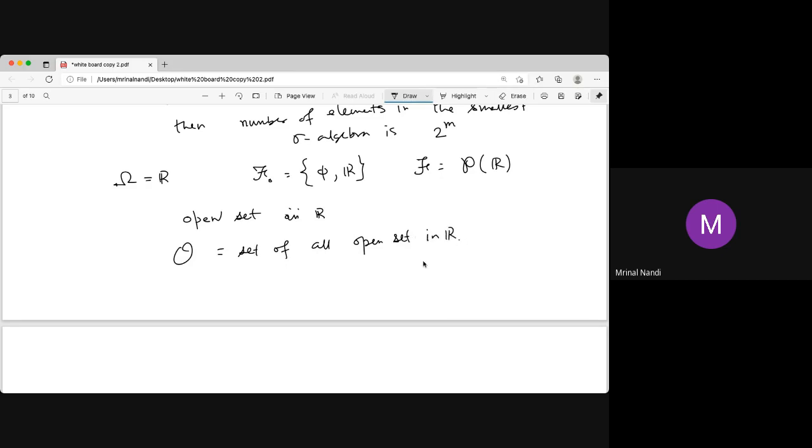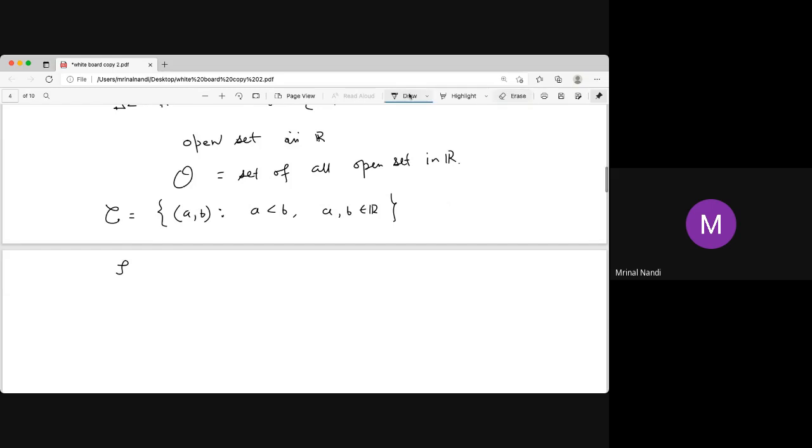But actually, there is no need to take all the open sets. Why? If you take the collection of all open intervals in R, say this is C, and take the smallest sigma algebra containing this collection C, which is sometimes written in this notation, you have to take these open intervals.